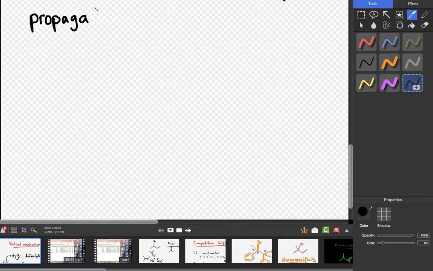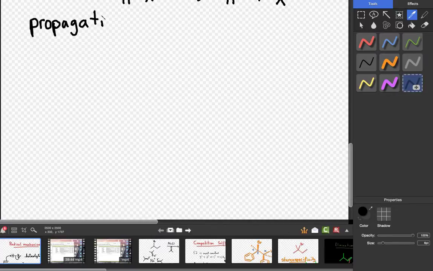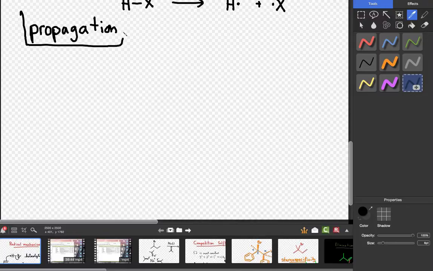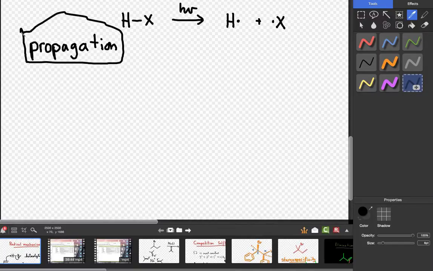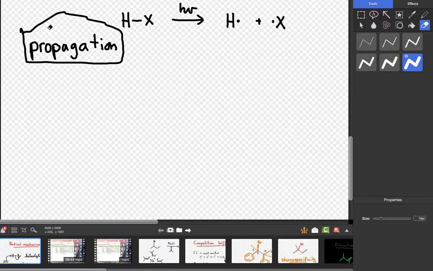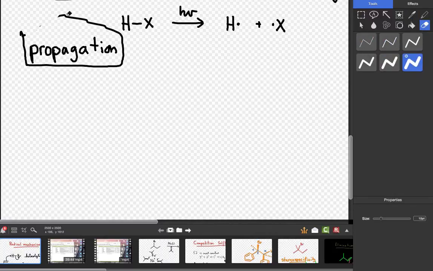So propagation is a pattern in which, that's kind of an ugly box. Let's fix that.